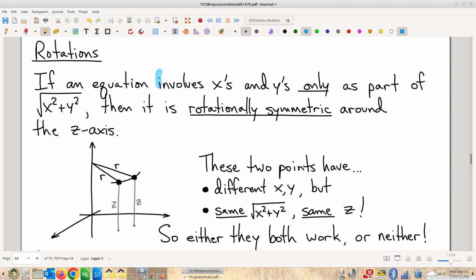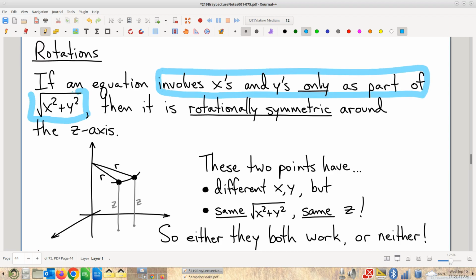But if x and y appear only as part of this expression, that happens sometimes. Sometimes the only ways that x and y show up in your equation is as part of that expression. When that happens, immediate, valuable conclusion, that surface is rotationally symmetric around the z-axis.